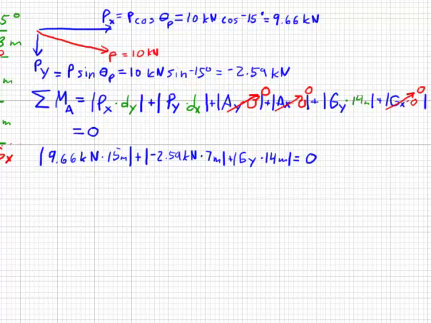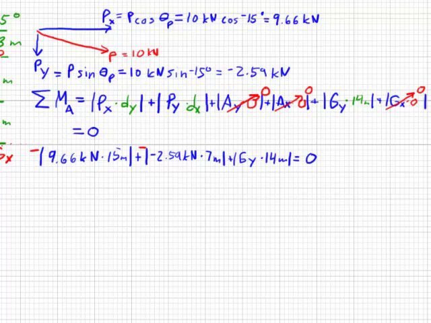That makes it negative. The 2.59 kilonewton force, Py, is also going in a negative clockwise direction around joint A. So it is also negative.